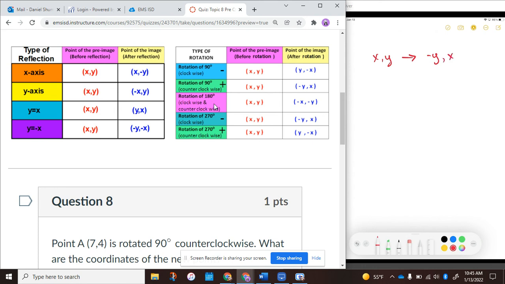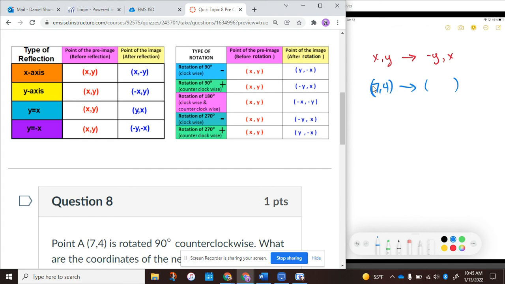Okay, let's look at this example. It tells us that, let's look at the problem itself, our point is 7, 4. Okay, first thing, we're going to switch our x and y values. So instead of 7 in the x position and a 4 in the y position, it's going to be swapped around. And our original y value that we started with is going to become negative.